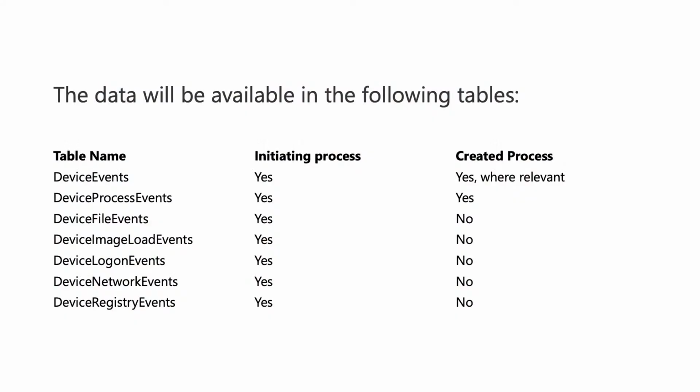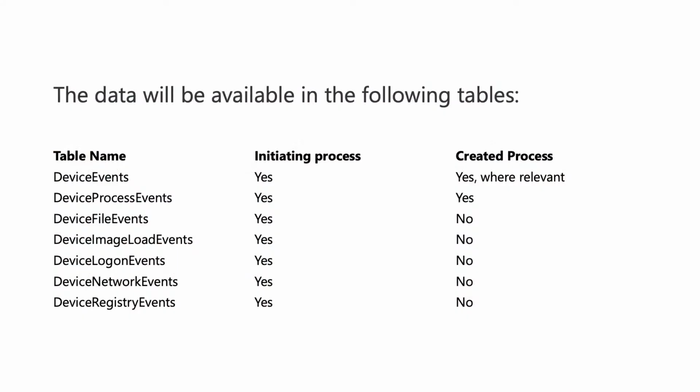So it is unique to device process events and device events for specific action types, where we have both the initiating process and the created process. For other tables and other events, this is not relevant because the created process is not an outcome of these action types. So that's why some tables are expanded in 8 columns and others are 4. But basically, these are the 4 columns in relation to the process entity itself.